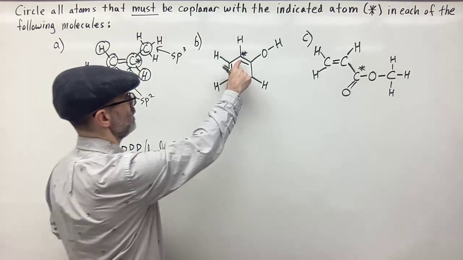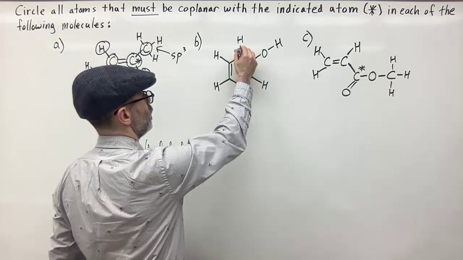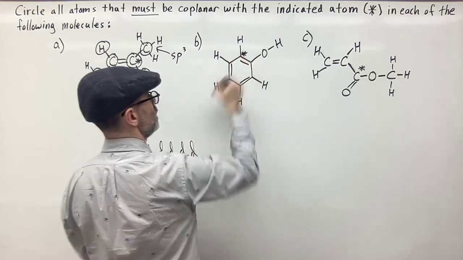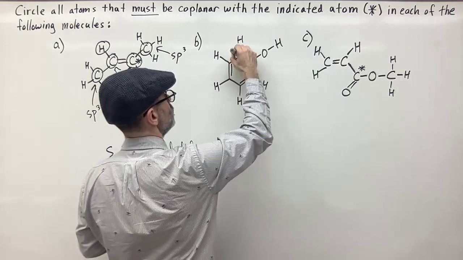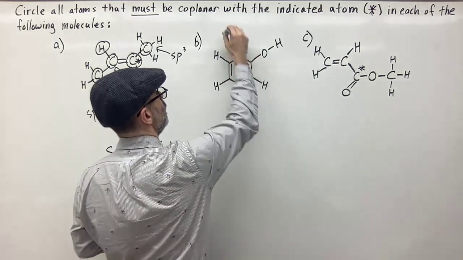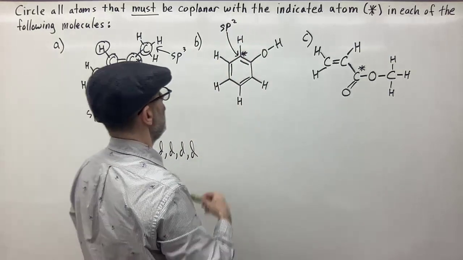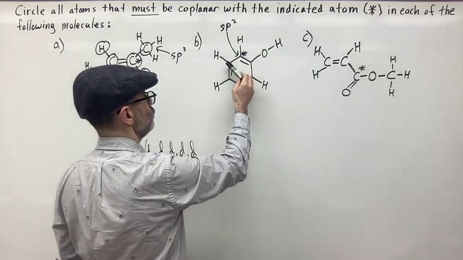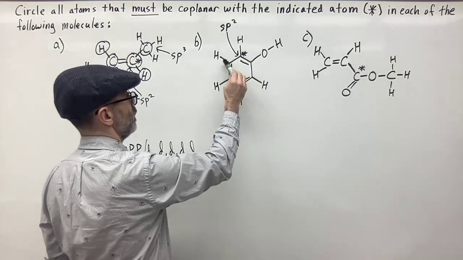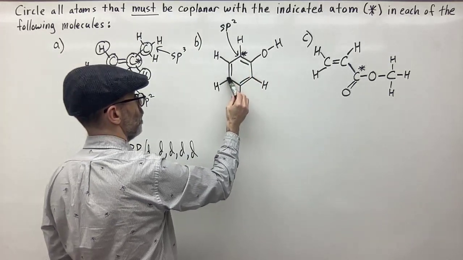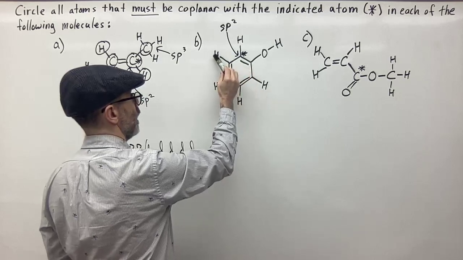And so here at this carbon, notice we have 1, 2, 3 groups. So again, this is going to be sp2 hybridized. The same goes for all of these. This carbon has 1, 2, 3: two carbons and a hydrogen.